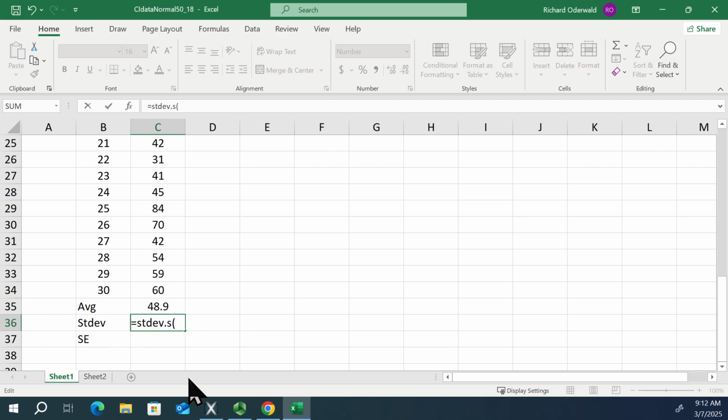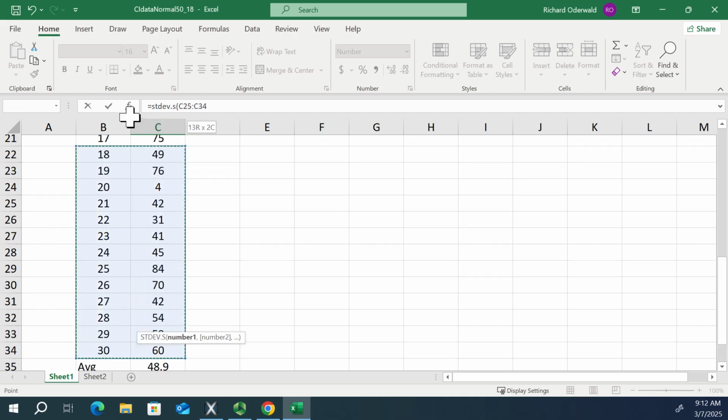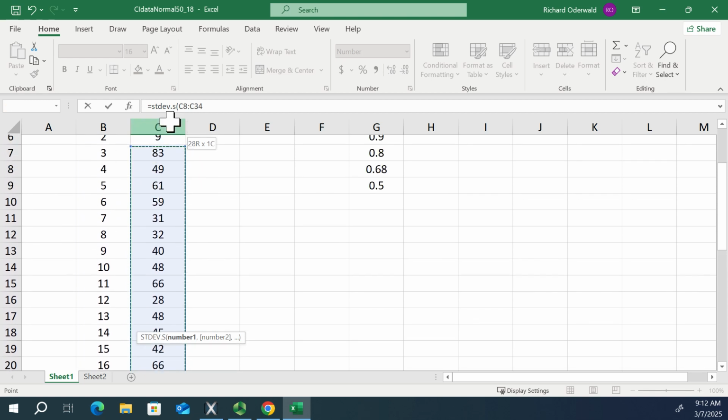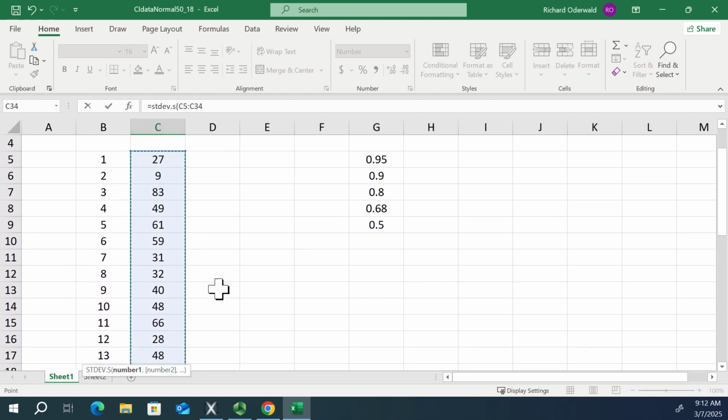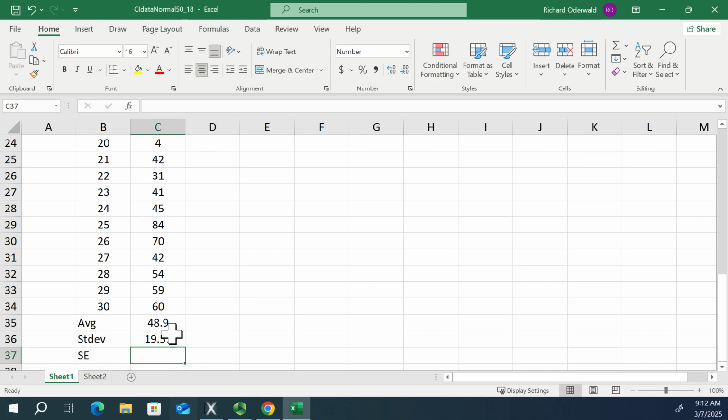That's a little creative. And just mark the numbers. And the standard error.